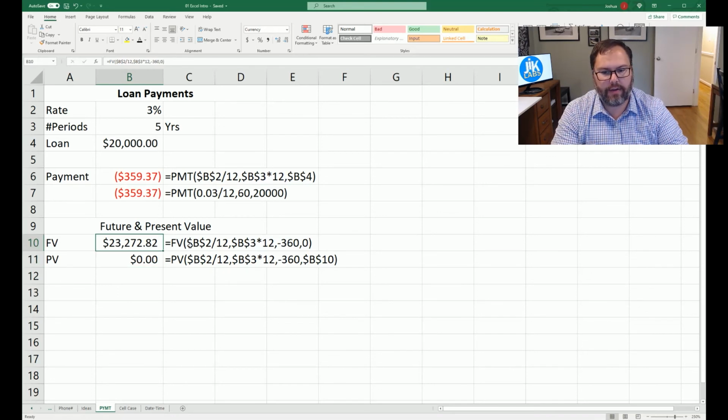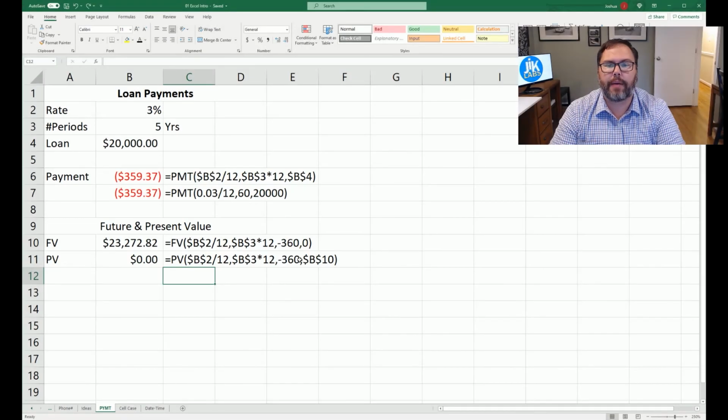And then at the end of that time, we should have 23,000 and change. What present value is looking at in this equation is, we said we're starting with $23,272 at the end of 5 years. We've paid ourselves $360 a month at 3% annually, and that would be worth $0 today.